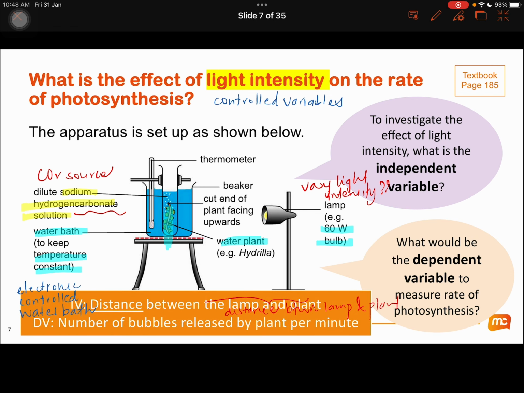Okay, so how do we measure the rate of photosynthesis? We can count the number of bubbles released by the plant per minute. So that will give us a rate when we take the number of bubbles over time taken. So I'll just write it down. Number of bubbles over time taken will give you the rate of photosynthesis.